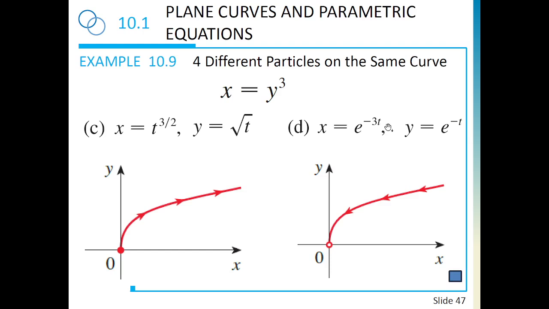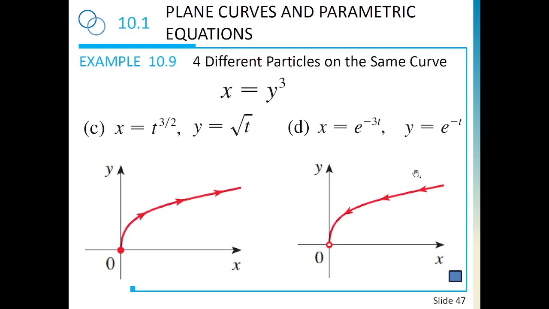So the bigger the t, the closer I am to 0, 0. And I will never reach 0, 0 because exponential is never 0, right? So the bigger the t, the closer I am in x to 0 and the closer I am in y to 0. So essentially we are going this way.